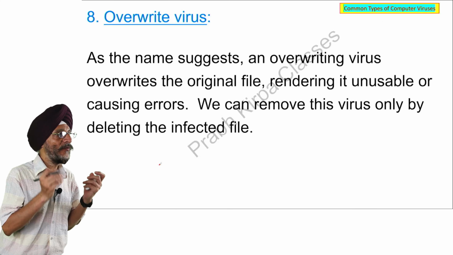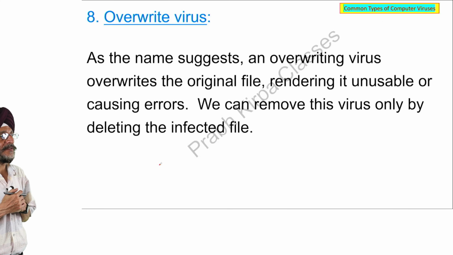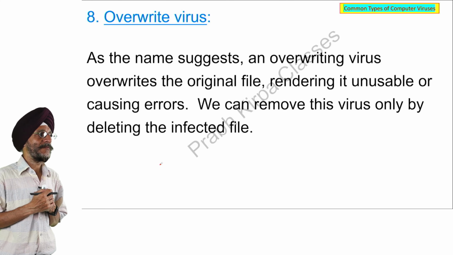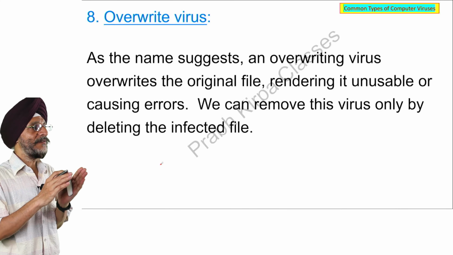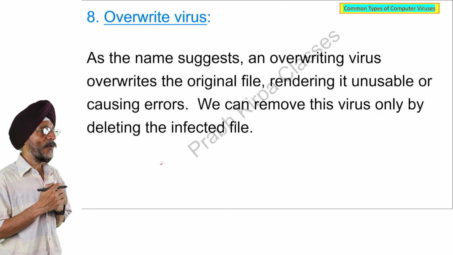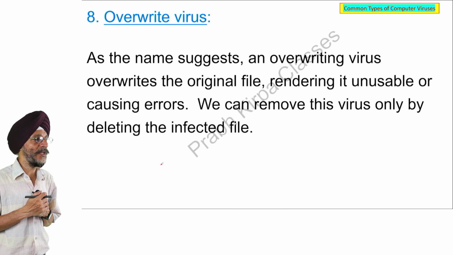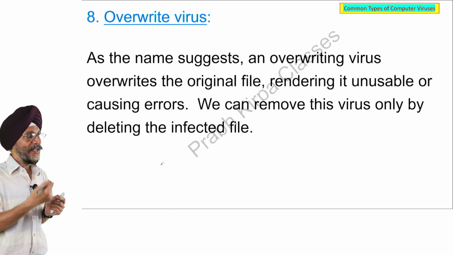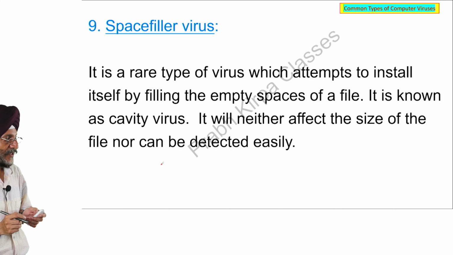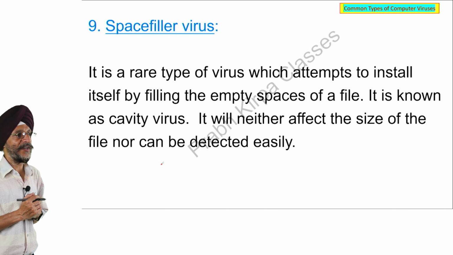Next is overwrite virus. As the name suggests, these viruses overwrite the original files, rendering the original file unusable or causing error. We can remove this virus only by deleting the infected file. Next is space filler virus.